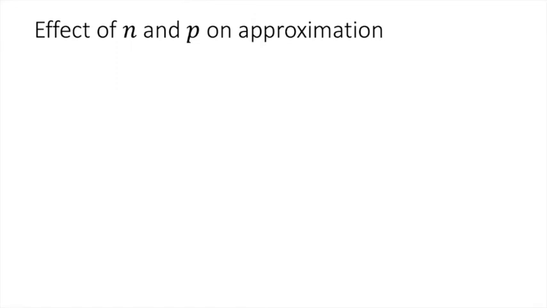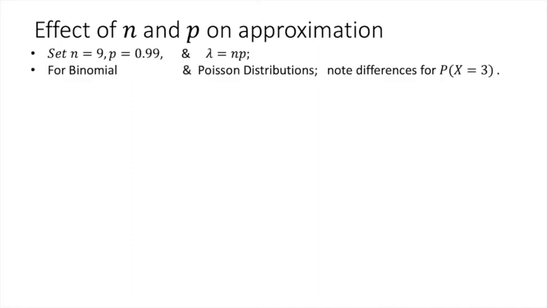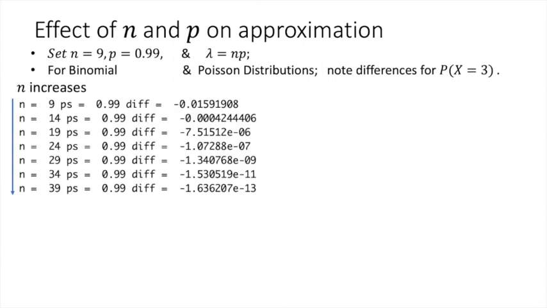Now let us see the effect of changing n and p on the approximation error. That is, how the difference between the binomial and Poisson distributions changes if we use them to calculate the probabilities. So we assume k equals 3 and we start with a low value of n, that is 9, and we set p very high at 0.99.